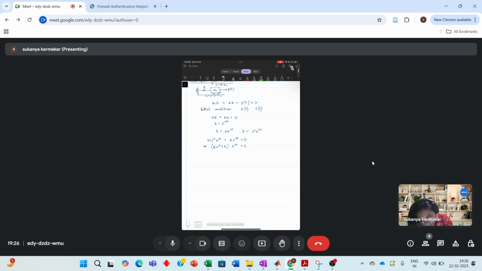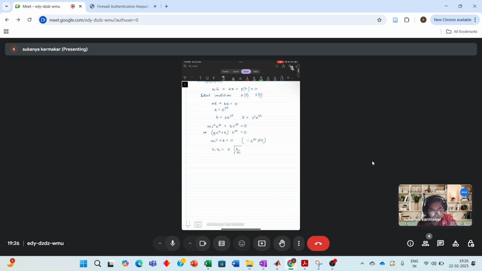So m s square plus k is equal to 0 because e to the power st can't be equal to 0. Now, from here we get s1 and s2 of the form plus or minus under root of k by m, and you will have an i term as well, because s square is equal to minus k by m, and under root of minus 1 is iota.